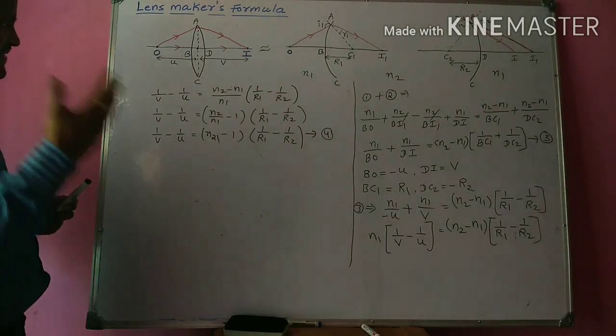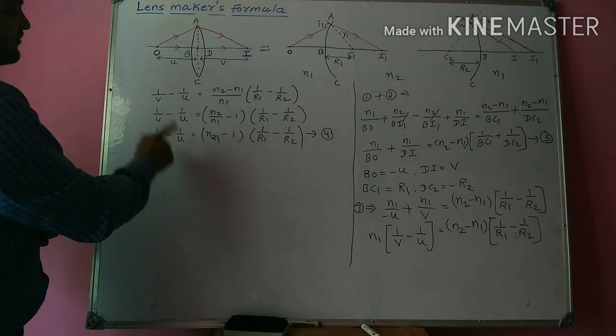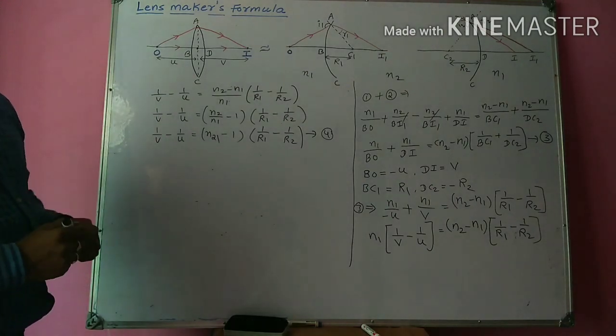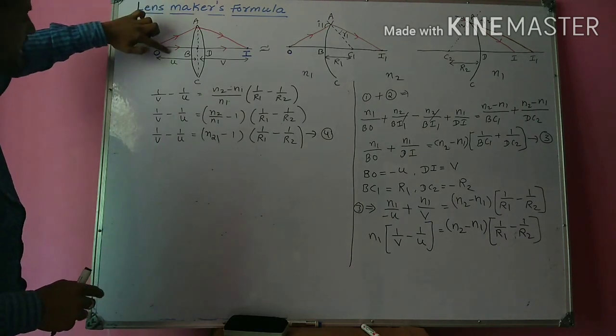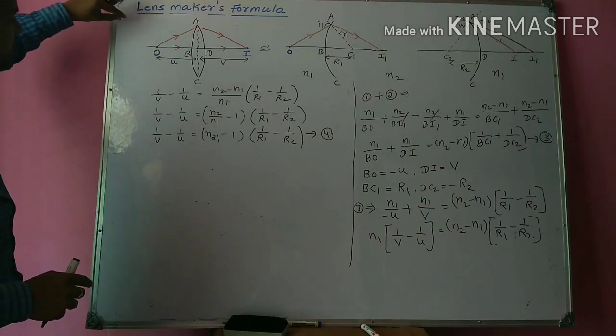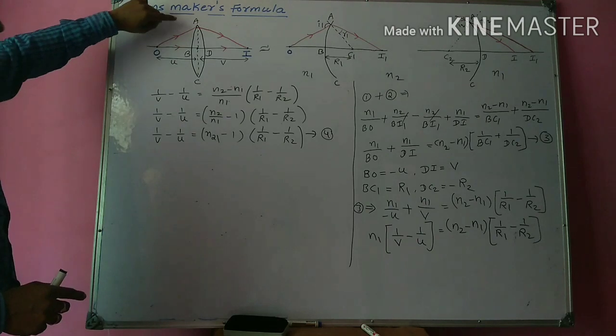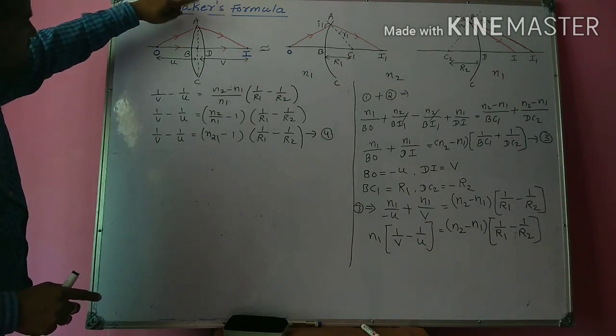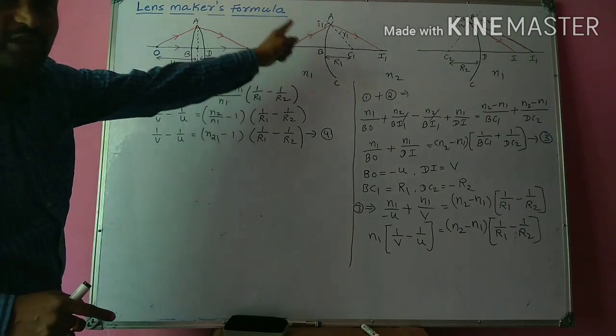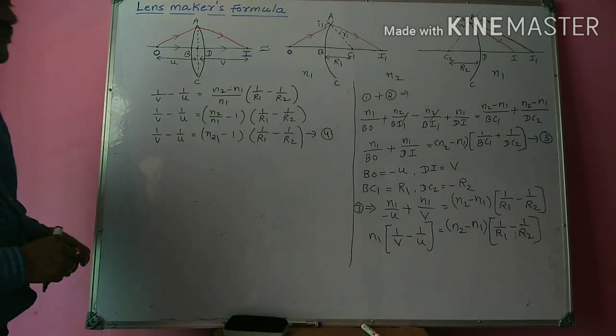Next, let us consider if the object is at infinity. If the object is at infinity, the light rays are parallel to the principal axis. Whenever the light rays are parallel to the principal axis, after refraction, they will pass through the principal focus. We know that.